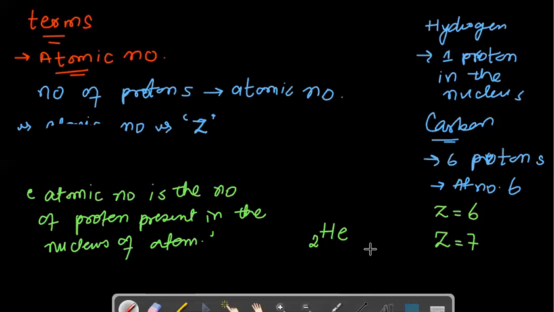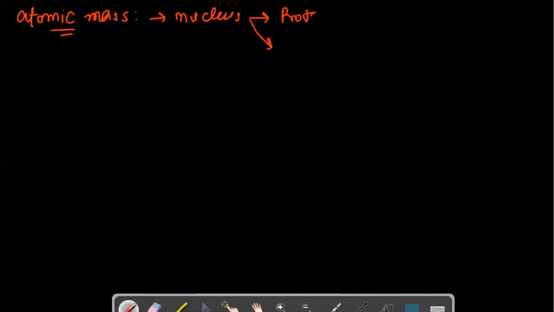The next thing we'll talk about is the atomic mass. Okay, now as we have discussed before, the maximum mass of the atom lies in the nucleus, and the nucleus is made up of two things, that is a proton and a neutron.